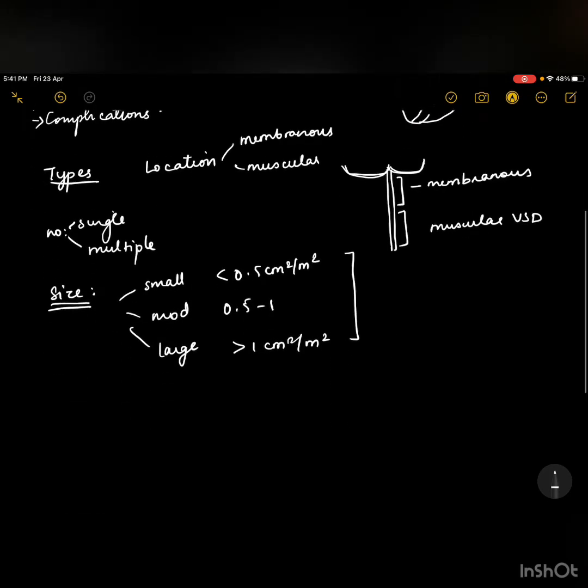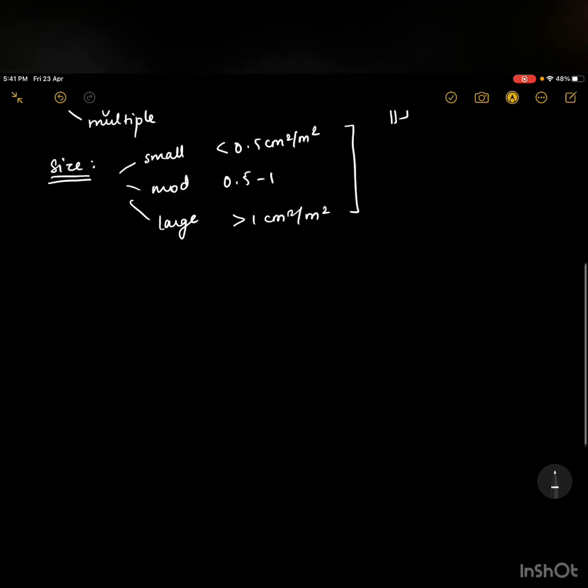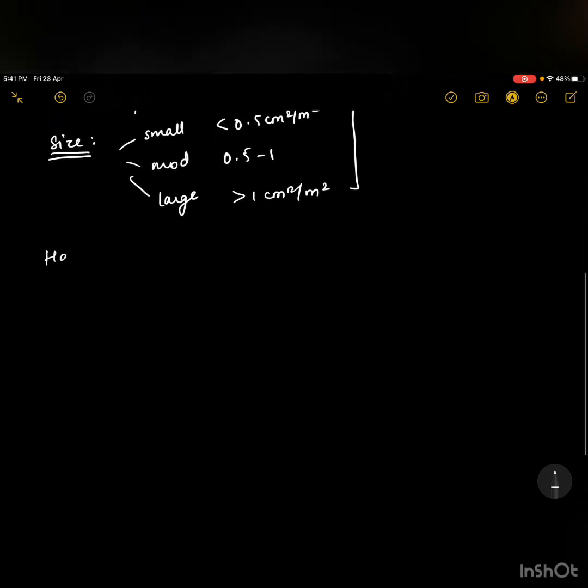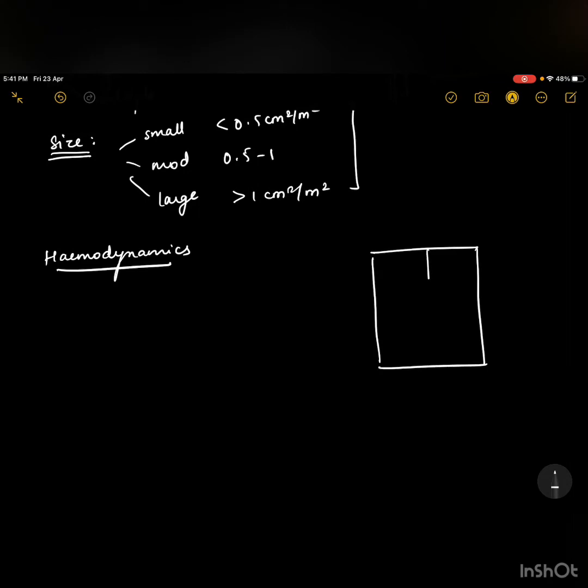And now we're going to see the hemodynamics as well as the murmurs and sounds that are heard during this condition. So we're going to draw a box diagram again to represent the heart, with this being the left ventricle and right ventricle, left atrium, right atrium, superior and inferior vena cava, and this being the aorta.